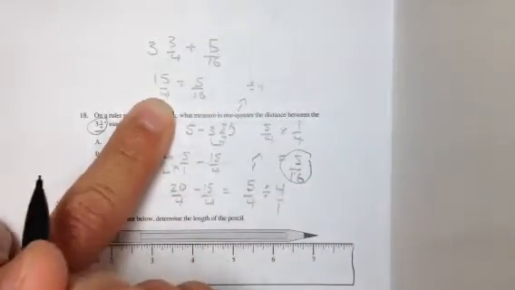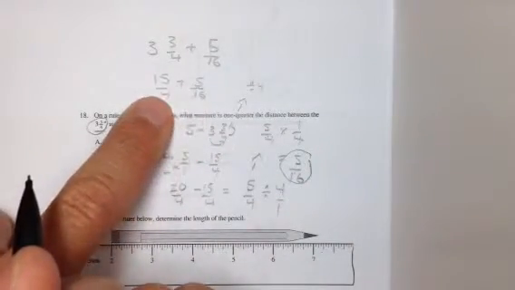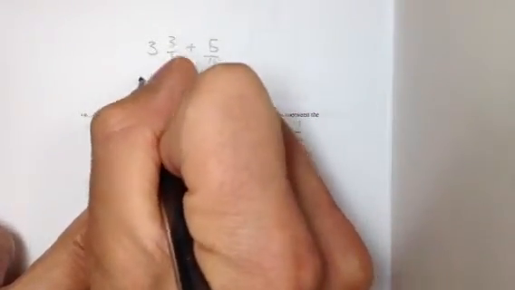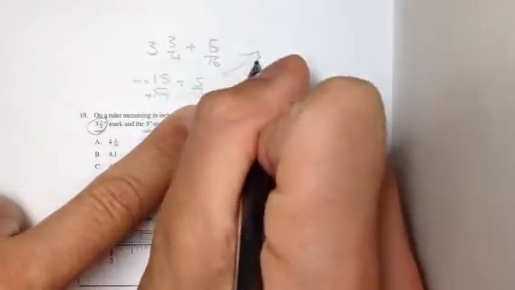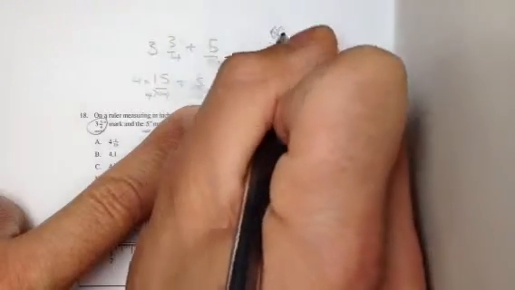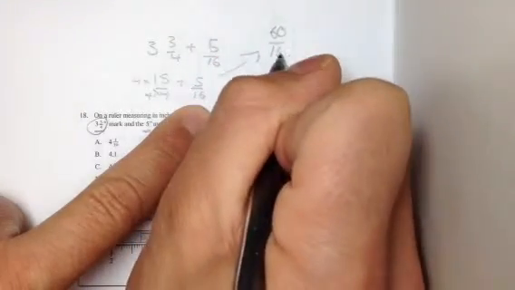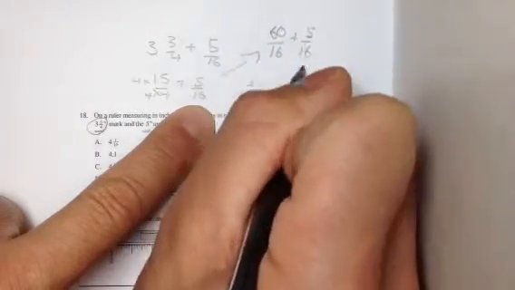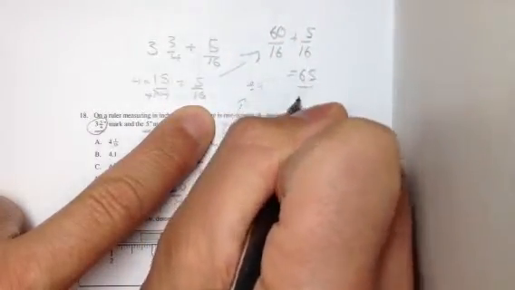Bottoms are not the same, try to make them the same. 4 can turn into 16 if I times it by 4. So if I just kind of finish the question up here, I'm going to get 60 over 16, and I add 5 over 16, and I get 65 over 16.